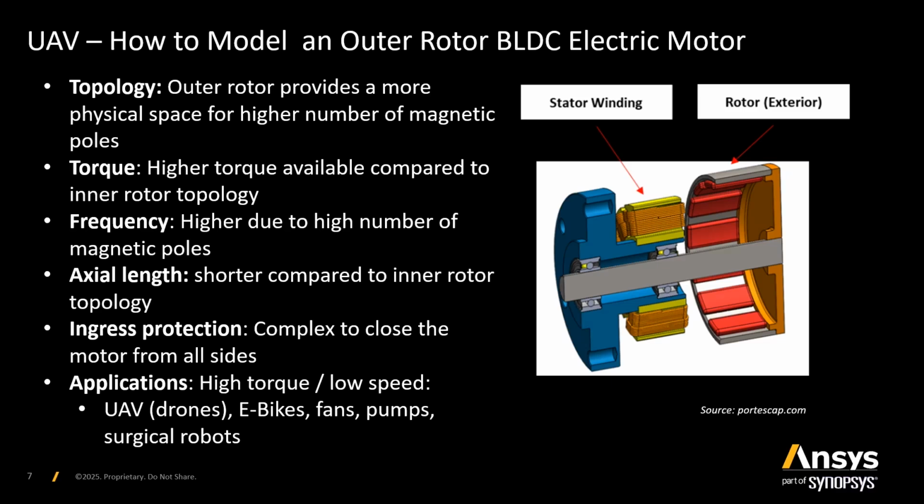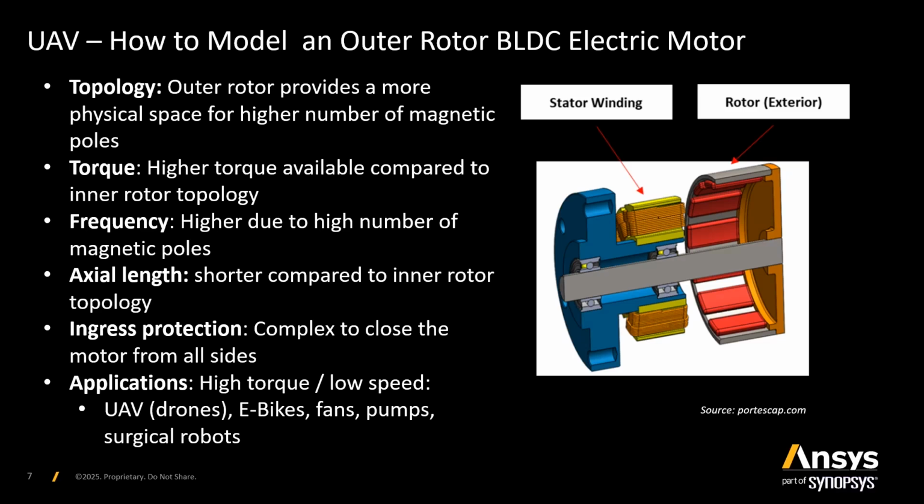There are some challenges from the ingress protection. It's relatively complex to close the motor from all sides and to insulate it from any impurities coming from the outer environment. Imagine that UAVs will be up in the air, and all sorts of particles can penetrate and get inside the motor. Therefore, it has to be well protected from the outside environment.